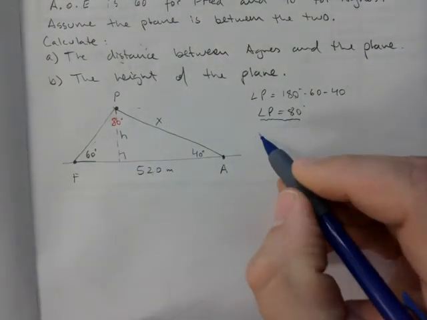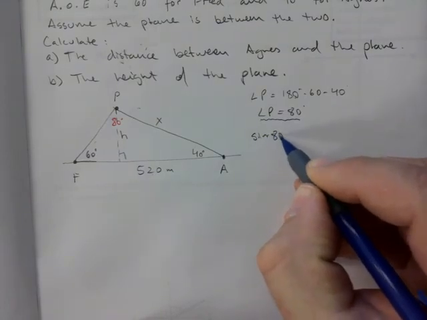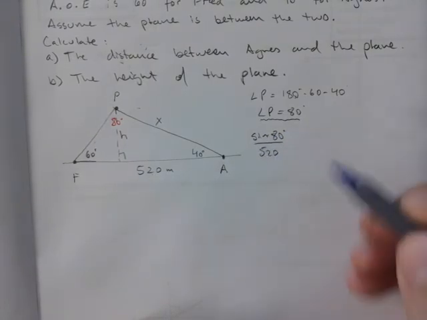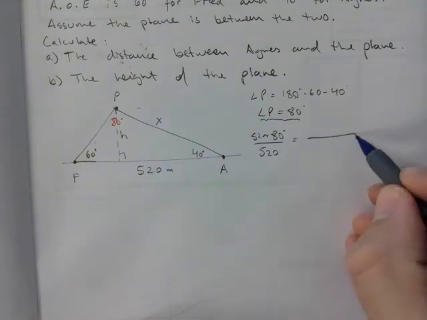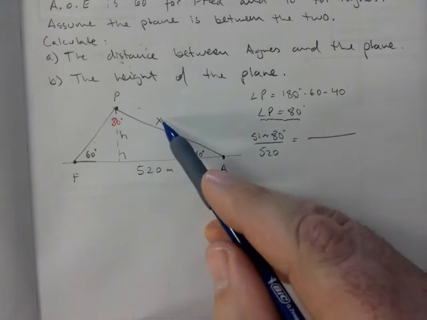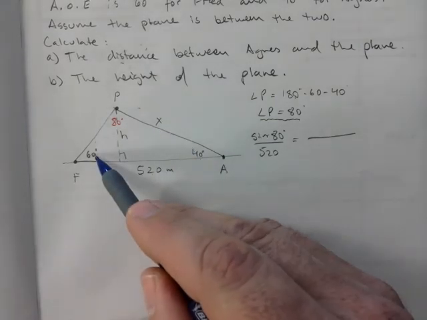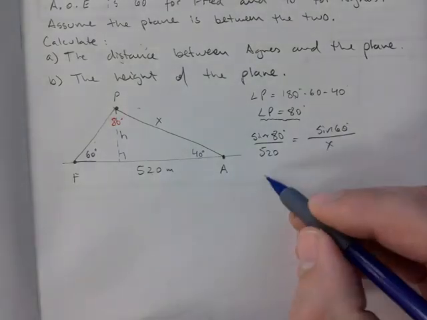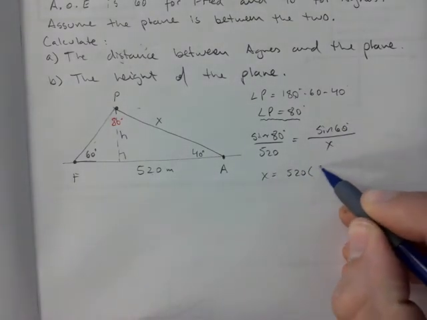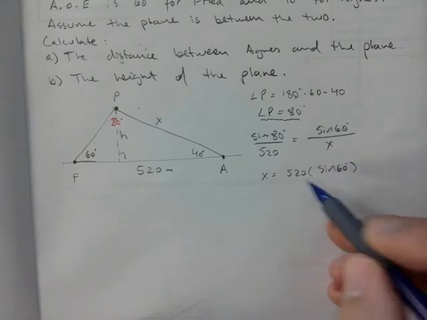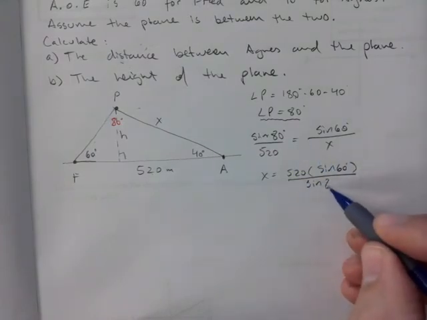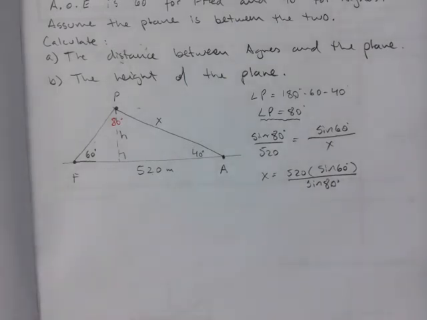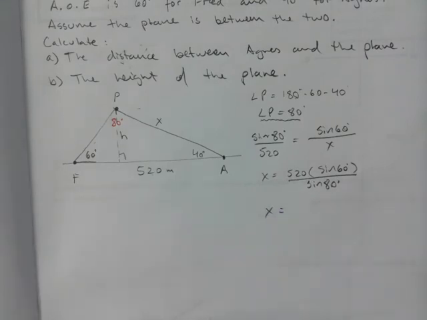Okay. So sine of 80 over 520 is equal to, what angle am I going to have to pick? It's counterintuitive, but if I want X, I'm going to pick that angle right there. That's X for me. So 520 times sine of 60 divided by sine of 80. See that this one isn't as crazy? I scare you a little bit with the examples because I want you to be ready to tackle that.